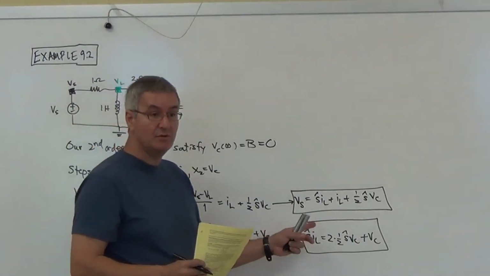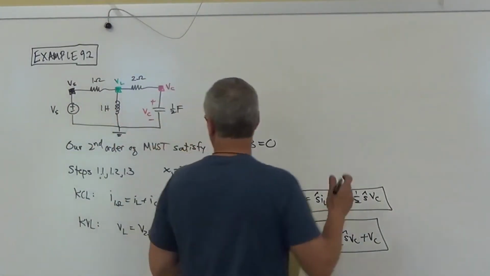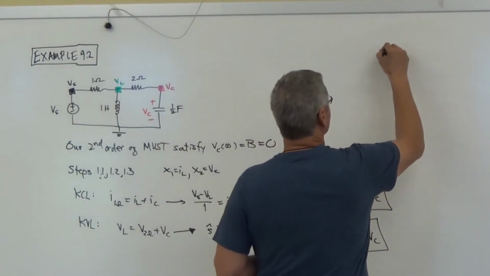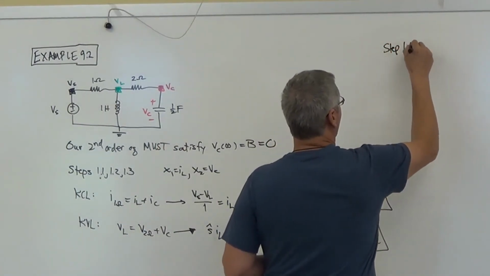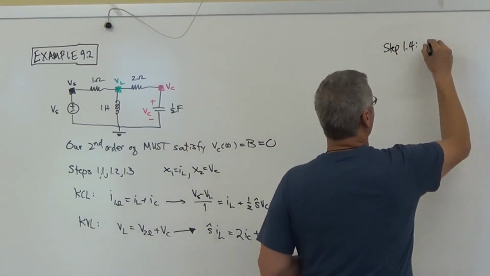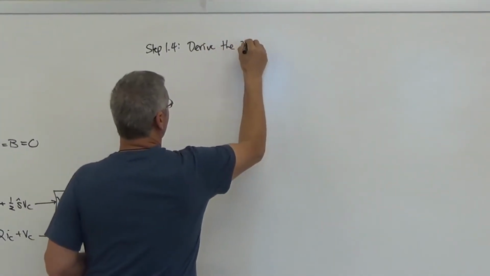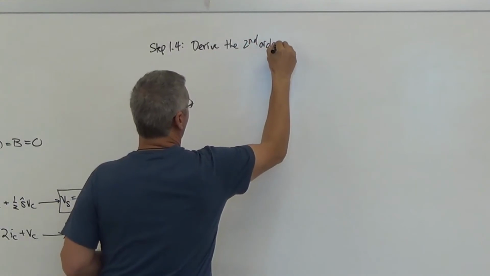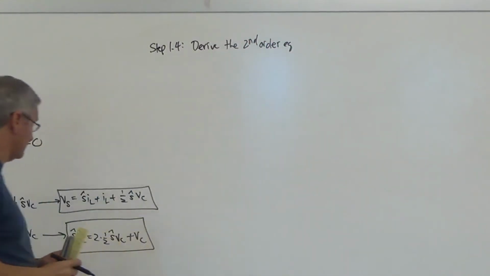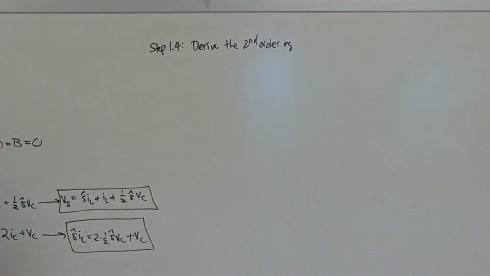So now what I'm going to do is set up the matrix. Now I'm going to go to step 4, and now we want to derive the second order equation. So I'm going to set up my matrix. What am I going to do here?